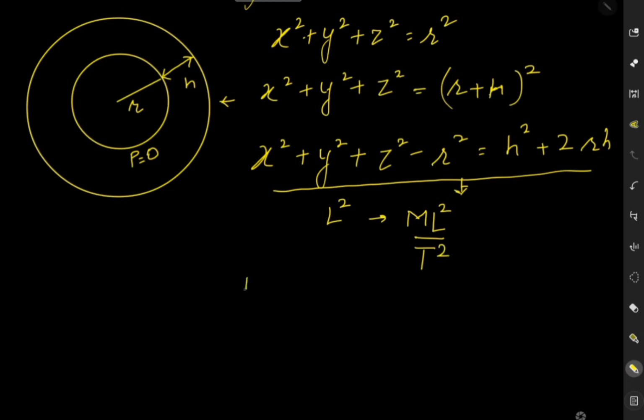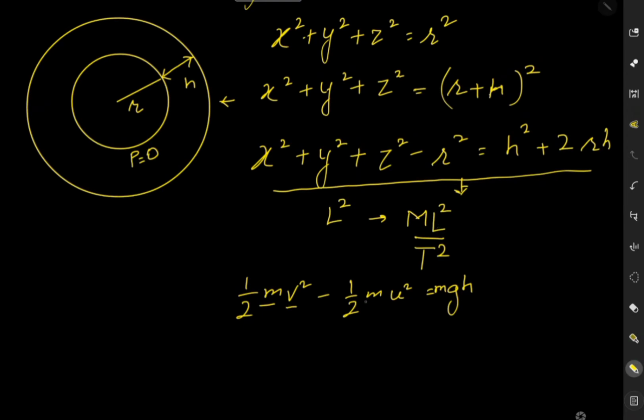Because we know half m v square minus half m u square is equal to m g h. So this is the m, this is L square by T square.